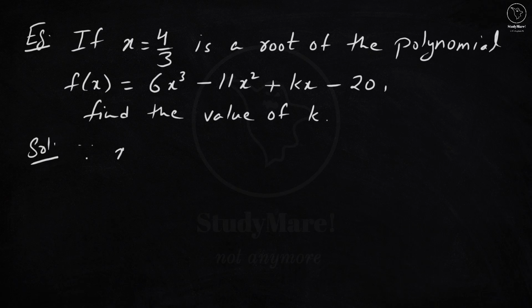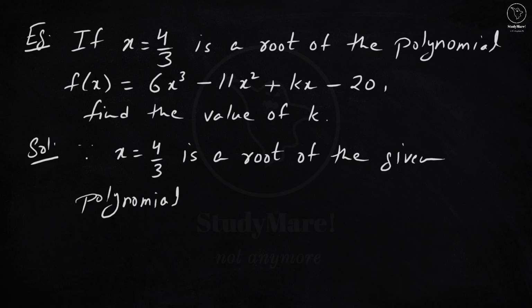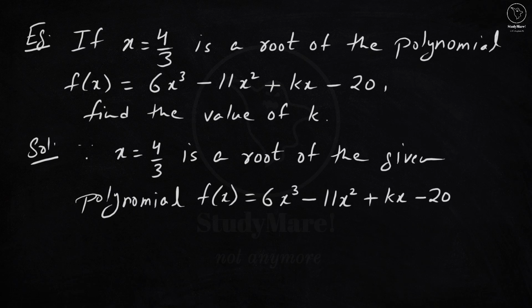Since x is equal to 4 by 3 is a root of the given polynomial, which is f(x) is equal to 6x cube minus 11x square plus kx minus 20. Since 4 by 3 is the root, therefore f of 4 by 3 must be equal to 0.